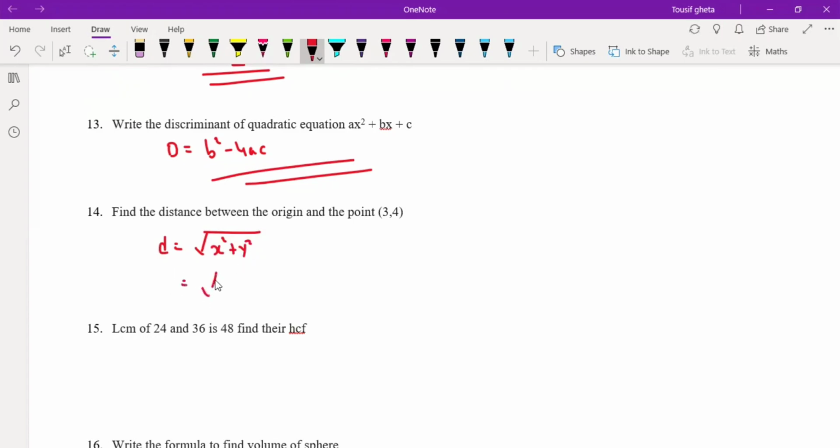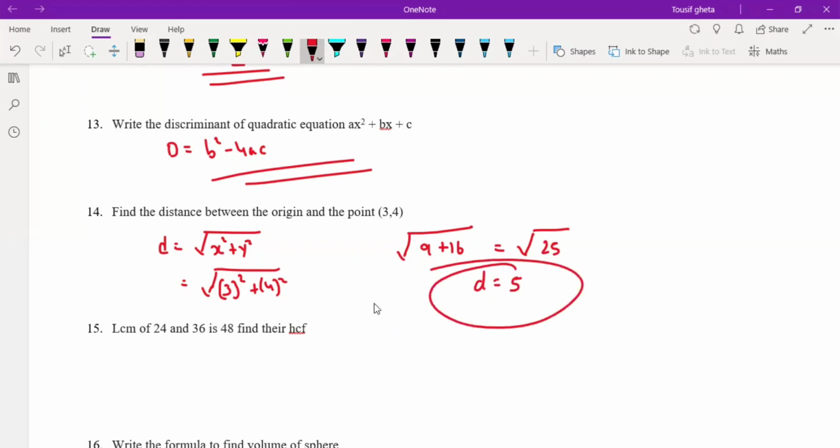So x value is 3 whole square, y value is 4 whole square. So 3 square value is 9, 4 square value is 16, 9 plus 16 will give root 25, and root 25 value we know is 5. So the distance from the origin to the point 3 comma 4 is 5.